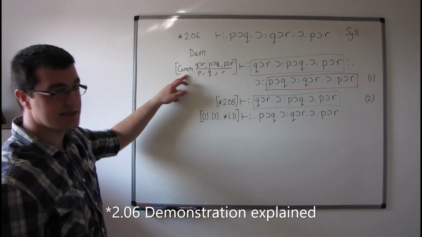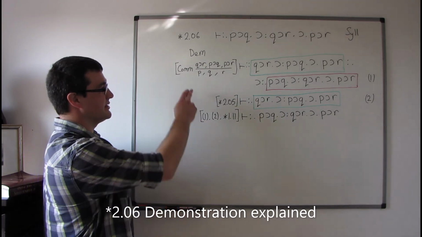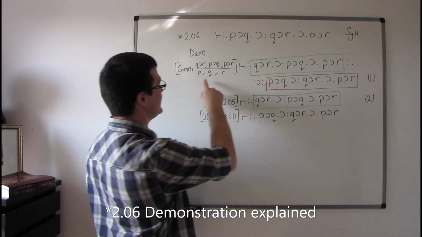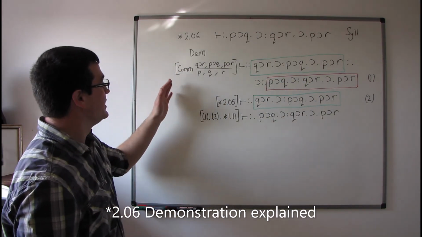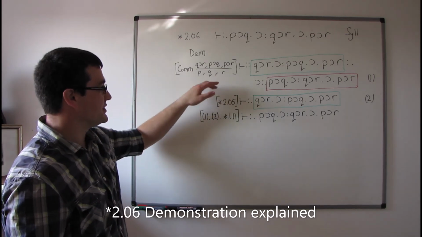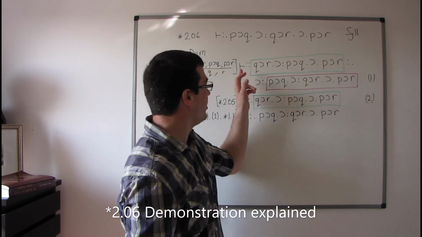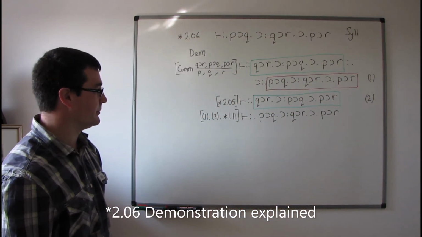If you want to know what it is, then either you can look it up yourself in your copy of Principia Mathematica, or you can work backwards, just reverse the substitutions that I've made here, and you'll get whatever that particular proposition is. But making the appropriate substitutions, we get something that looks like this. Remember, all of this is one single line, and we're going to label it 1.